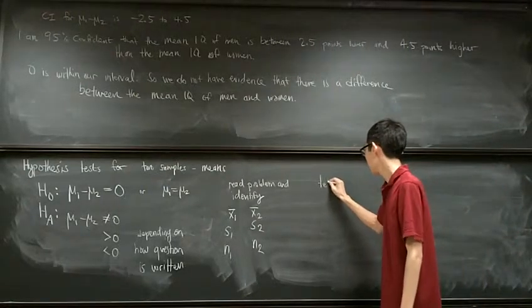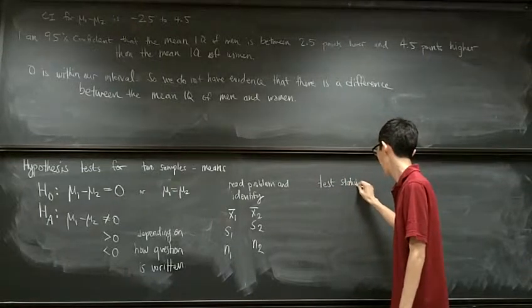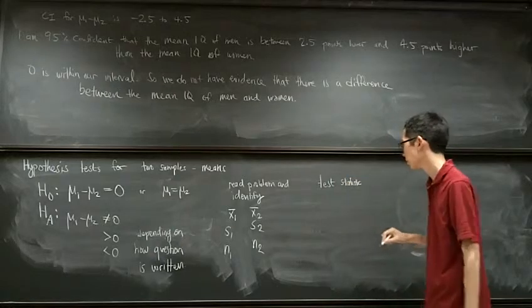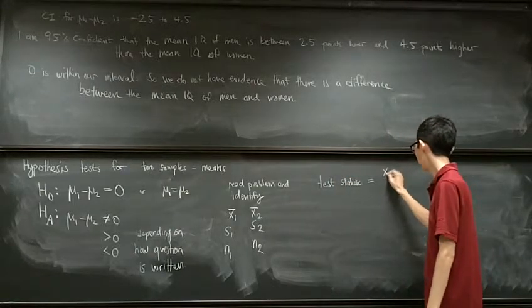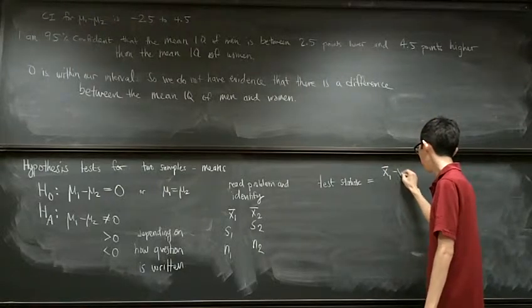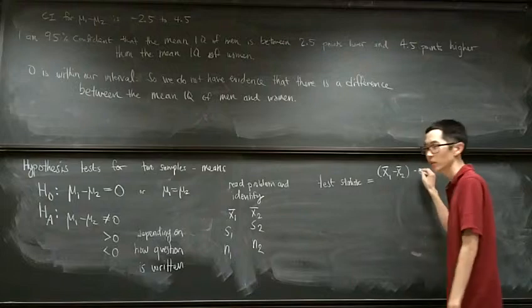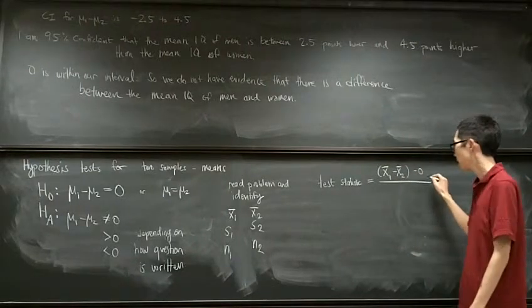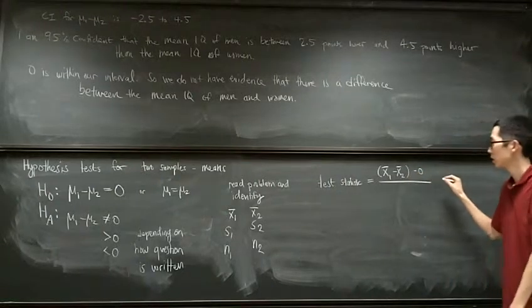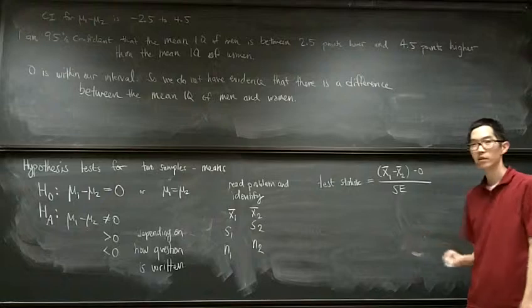So with that, we figure out our test statistic. Our test statistic is going to be x bar 1 minus x bar 2, technically minus 0, but minus 0 does nothing to it, so we can ignore it, divided by the standard error.